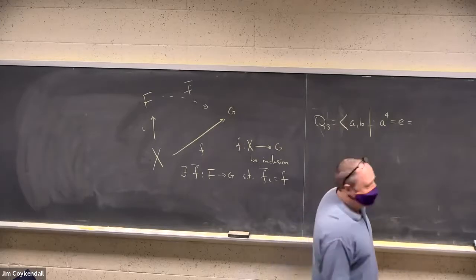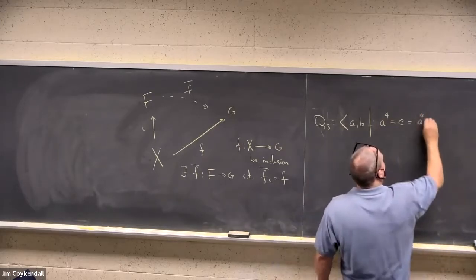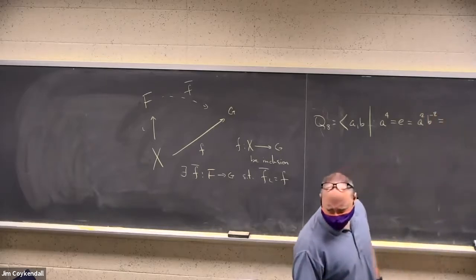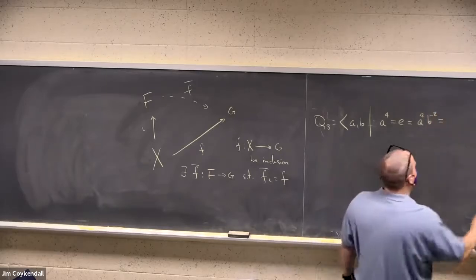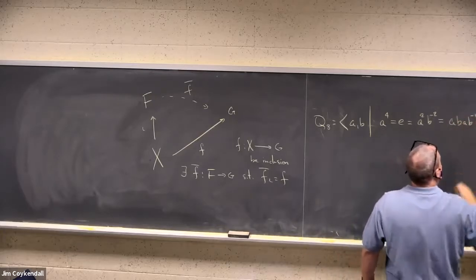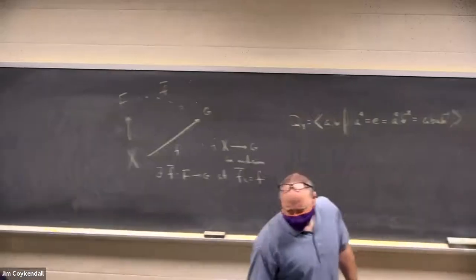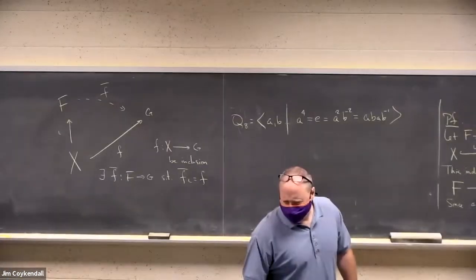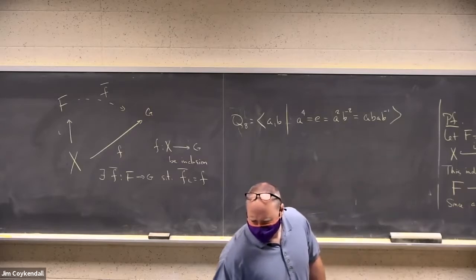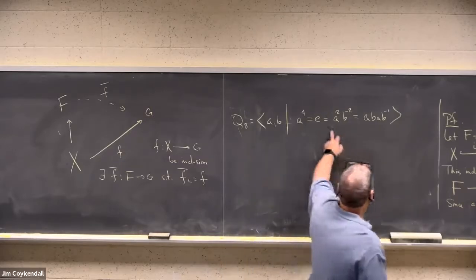A squared equals B to the minus 2, and B A equals A B A inverse. You should check that, in fact, that actually does generate a fraternity group.